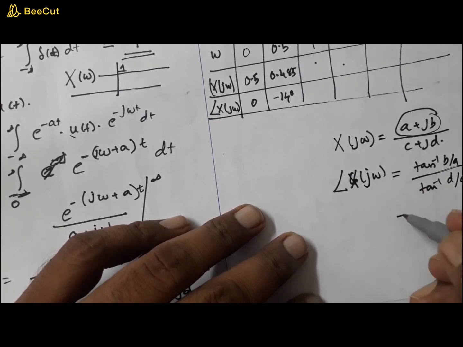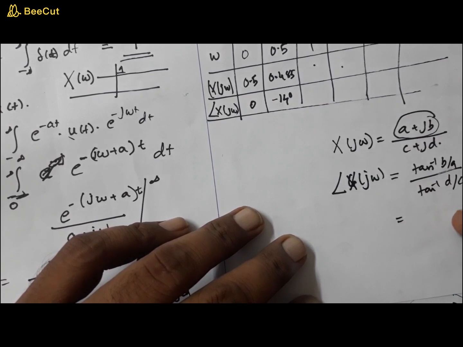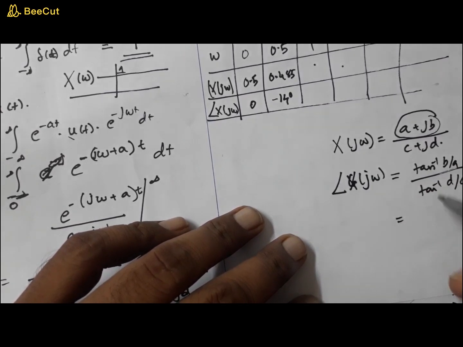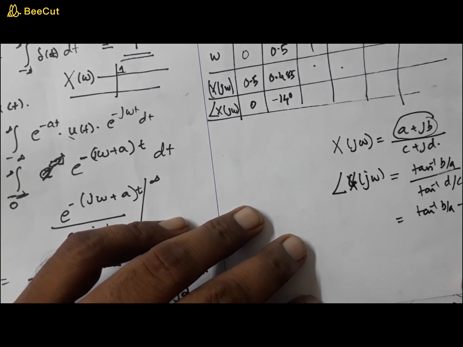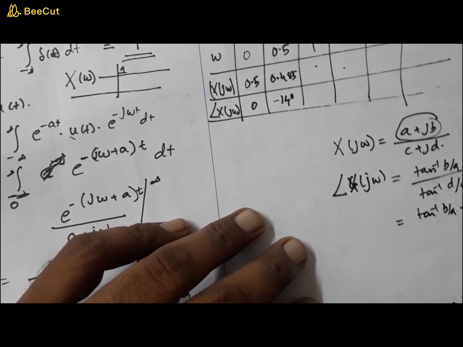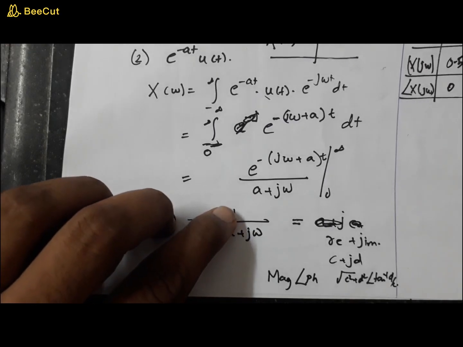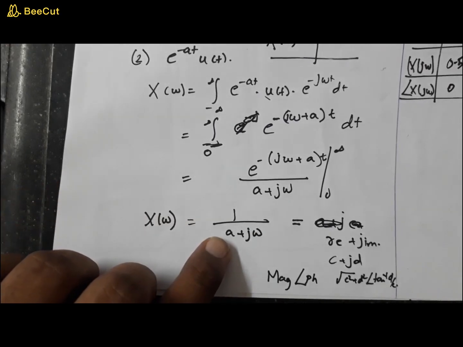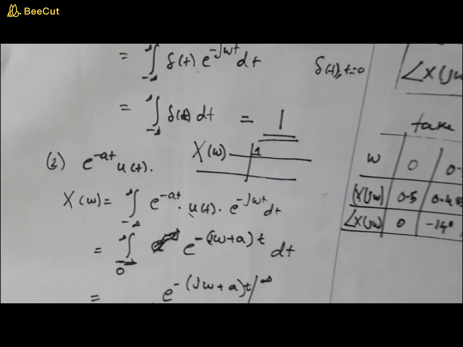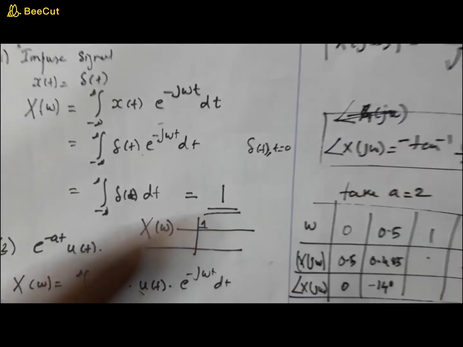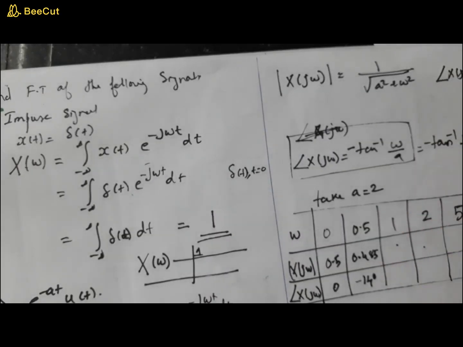The net phase is the numerator phase minus the denominator phase, so this will be tan inverse b by a minus tan inverse d by c. In our case, the phase of the numerator is 0, while the phase of the denominator is tan inverse omega by a, so you got 0 minus tan inverse omega by a, that is minus tan inverse omega by a.